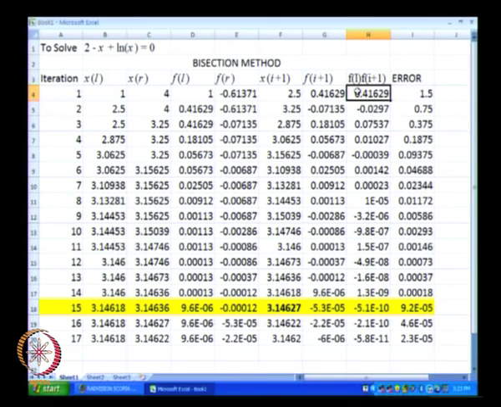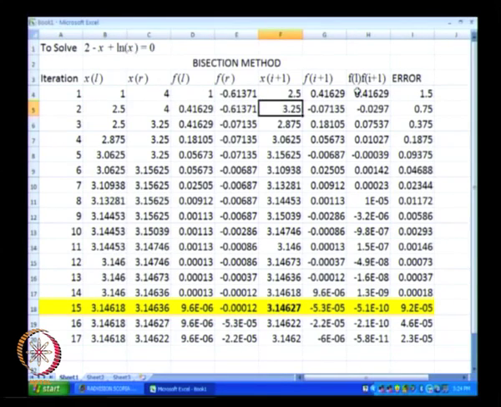Because they lie on the same side of the solution, it is XL that is replaced by x of i plus 1. So the original XL was 1, we replaced it by 2.5, XR remained the same as before. FL is what we have computed using the new value of XL.